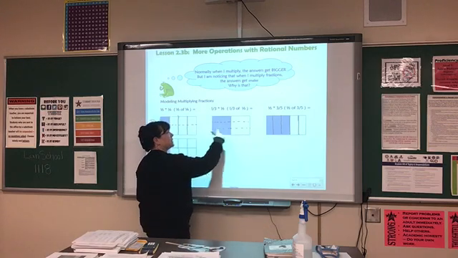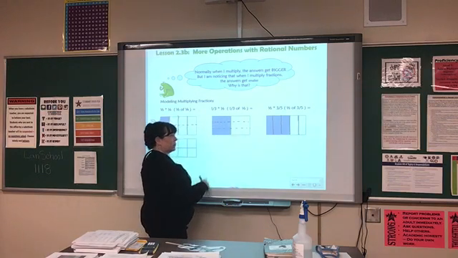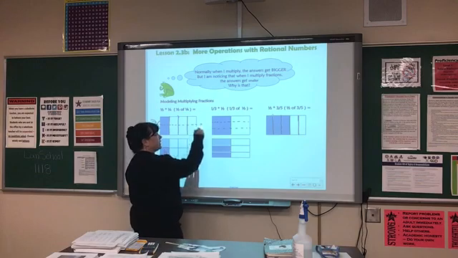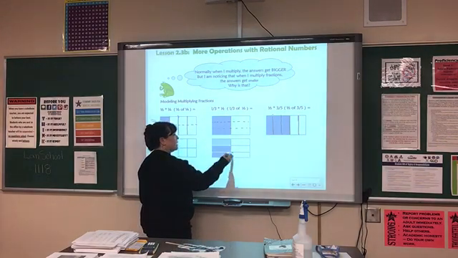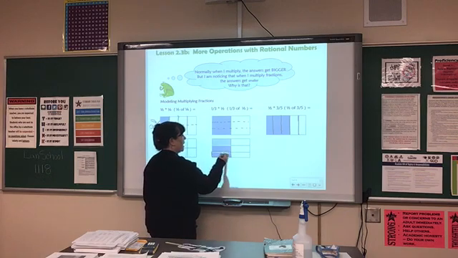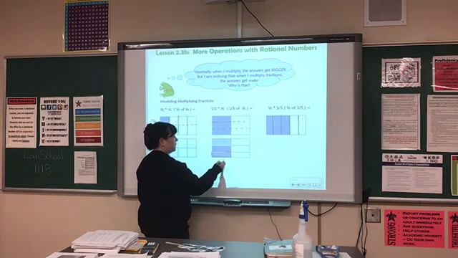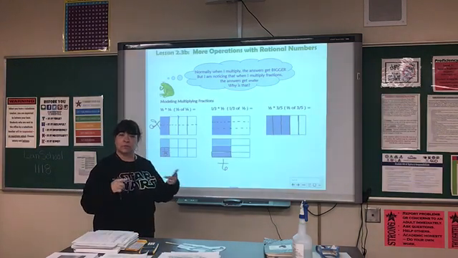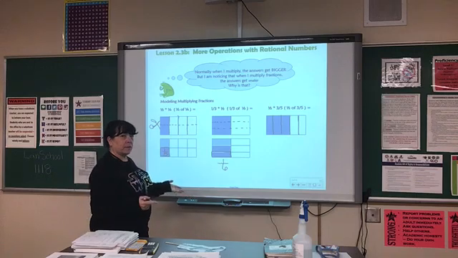So I'm going to cut that into 3 slices that way, and it looks like this. If I take just one of those on this side, and it doesn't matter which one, I have 1 part out of the 6. Or I can say 1 times 1, 2 times 3. Everybody good?